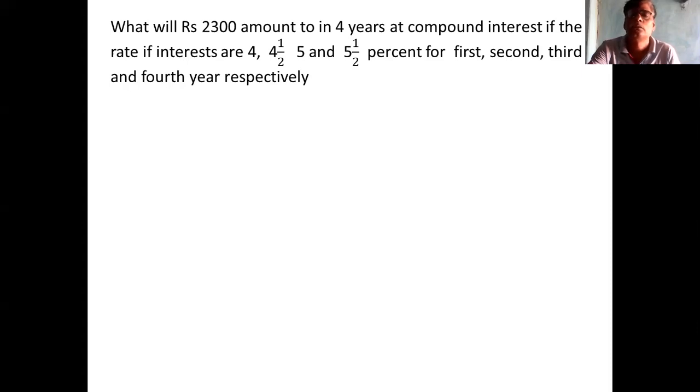Yes. The question is clear. 2,300 is the principal. They asked to calculate the amount for 4 years, and the rate of interest applicable is 4%, 4.5%, 5%, 5.5% for the first, second, third, and fourth year.